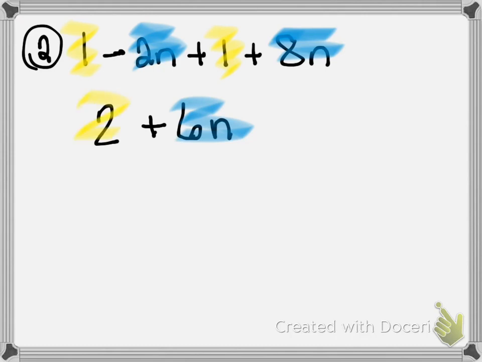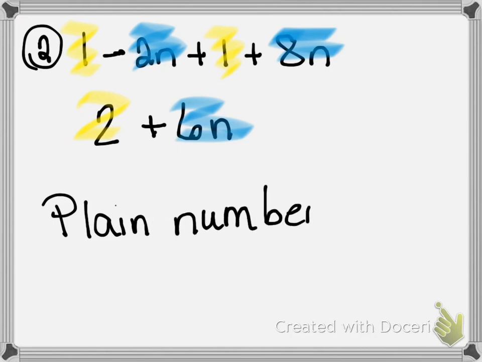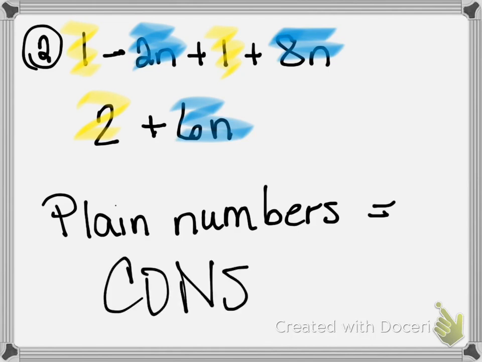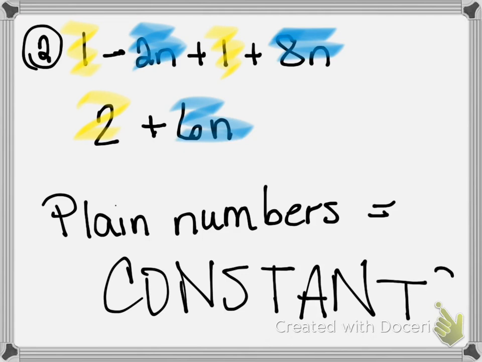It's important that you remember plain numbers, such as the 1s and the 2 in this one, are called constants. Those are the plain old numbers. We call them constants.